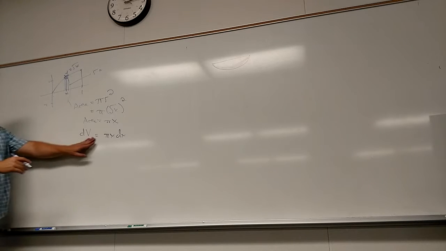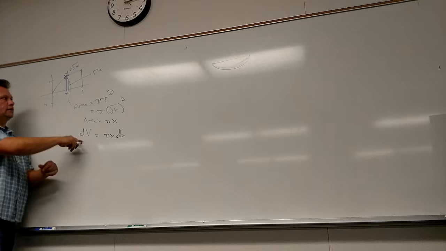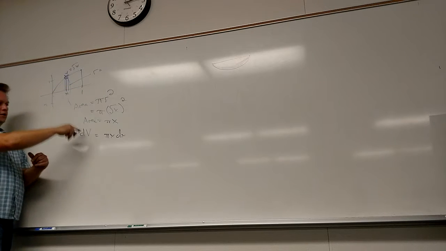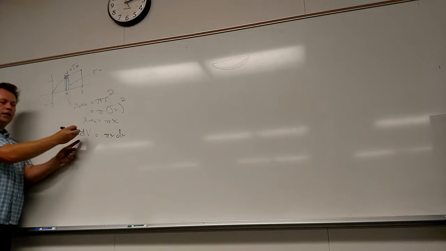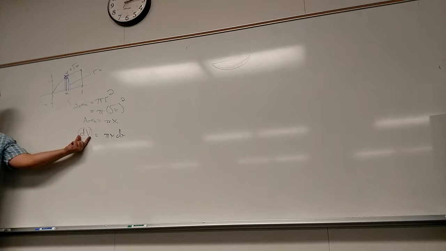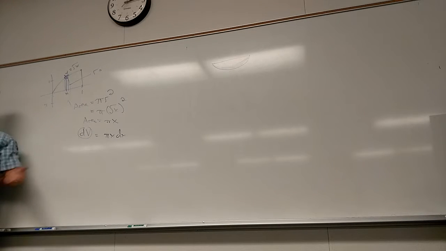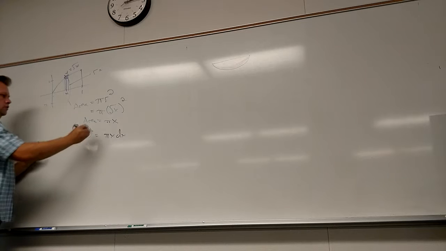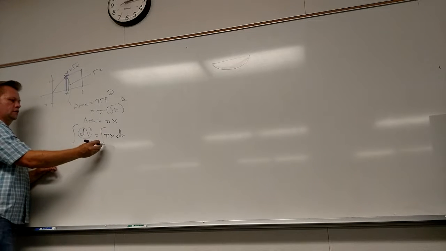So then all I have to do to get the total volume is to integrate, to add up all these little slices of volume. If I add them all up, I'll get the total volume. Well, how do I add up an infinite amount of things? I use an integral. From what to what in this case?